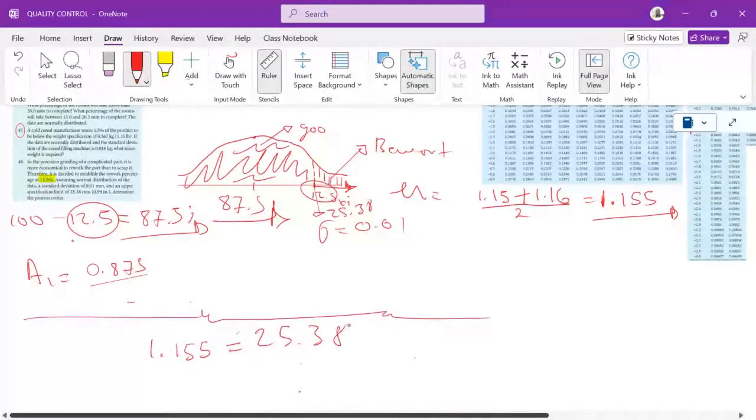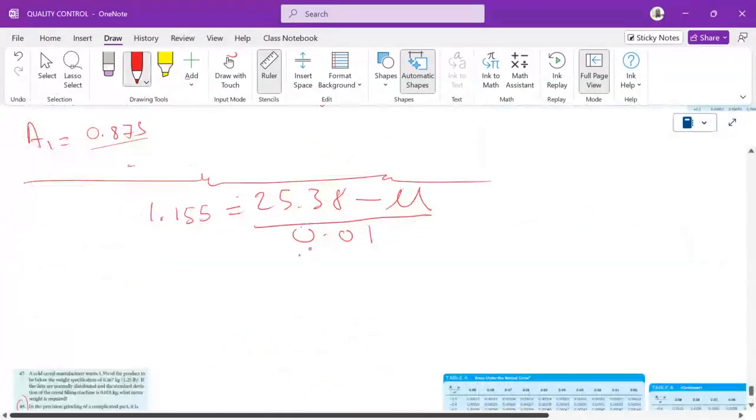Then this goes there, and it becomes times 0.01.